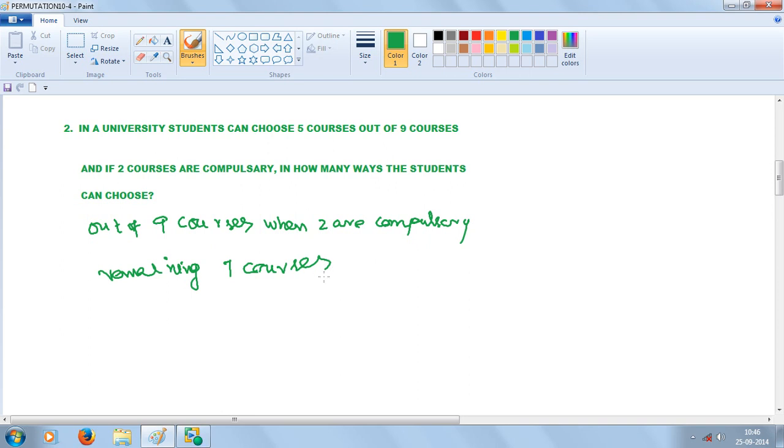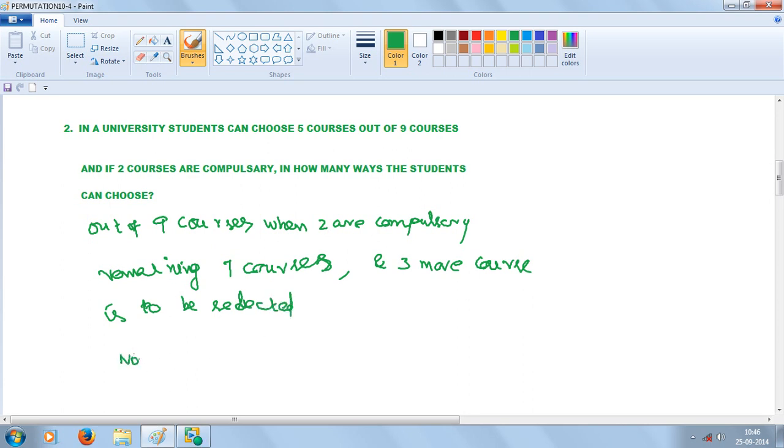So the students have to choose 3 more courses, because 2 courses are compulsory.